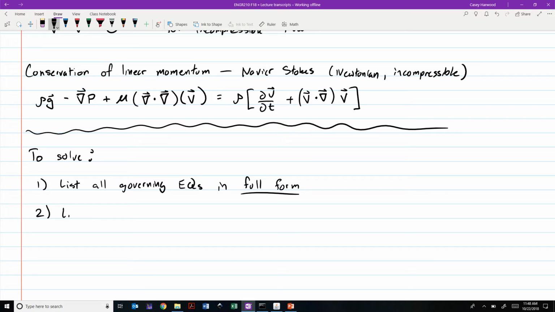Step 2, list all simplifying assumptions.